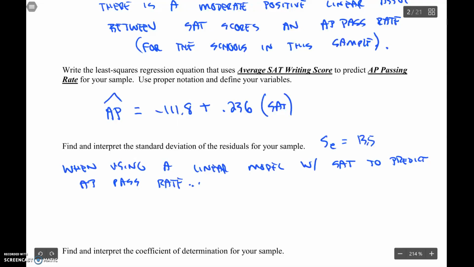So this is just my setup. I use this a lot in the interpretations.